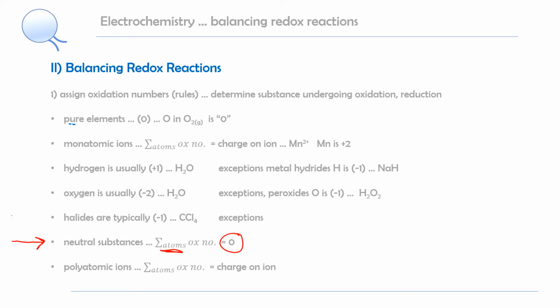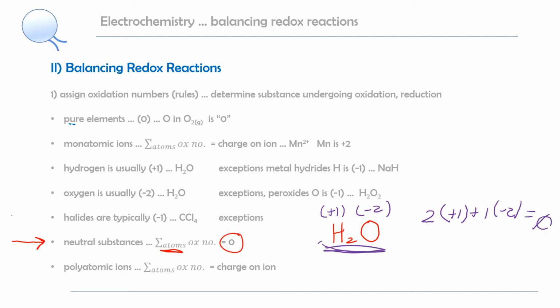So that's why when I did H2O, we said hydrogen is always +1, oxygen is always -2 unless it's a peroxide. This is not a peroxide. So I have 2 hydrogen at +1 plus my 1 oxygen at -2, and notice that adds to 0. This is a neutral molecule, no charge. So when I add up all the oxidation numbers, they have to add to 0.